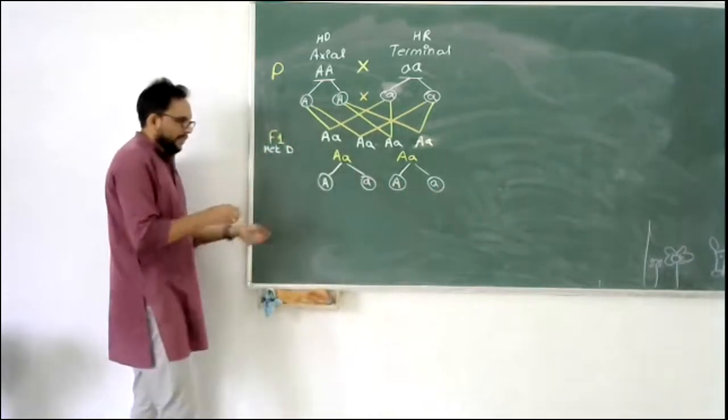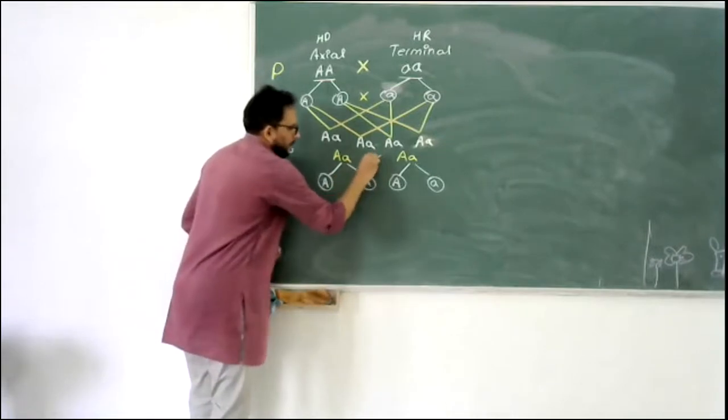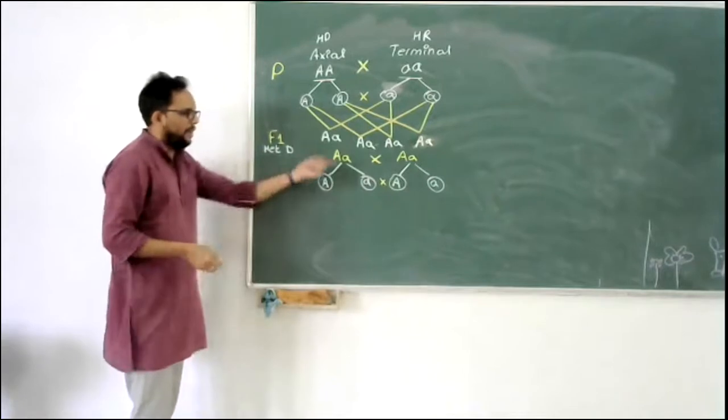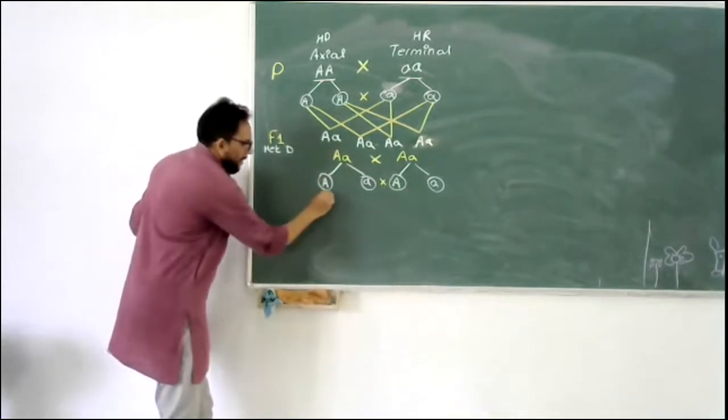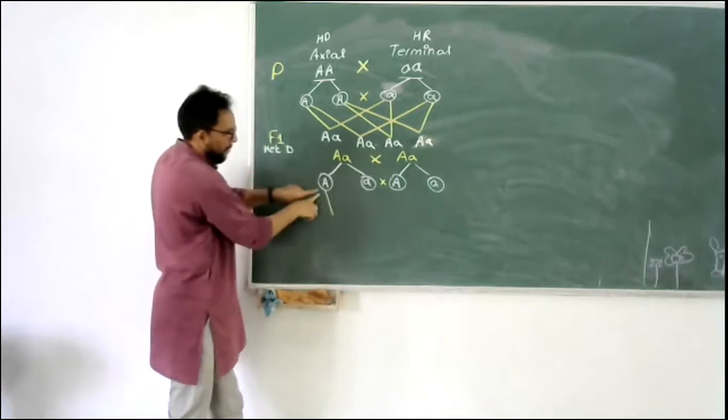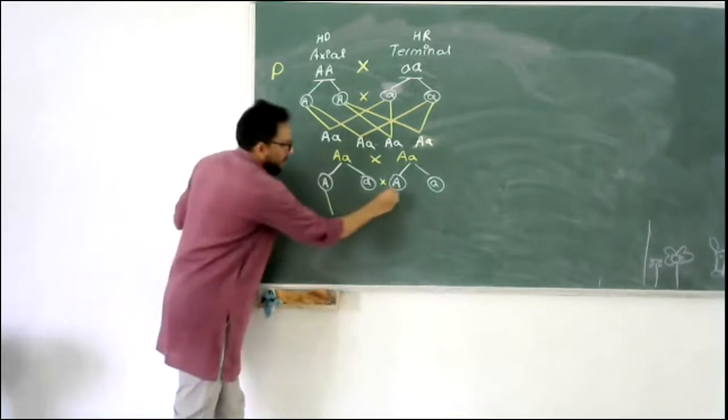Now this cross will give us, or you can even put a cross here, that's okay, either of these, when this possible combination, one gamete of one parent at a time.